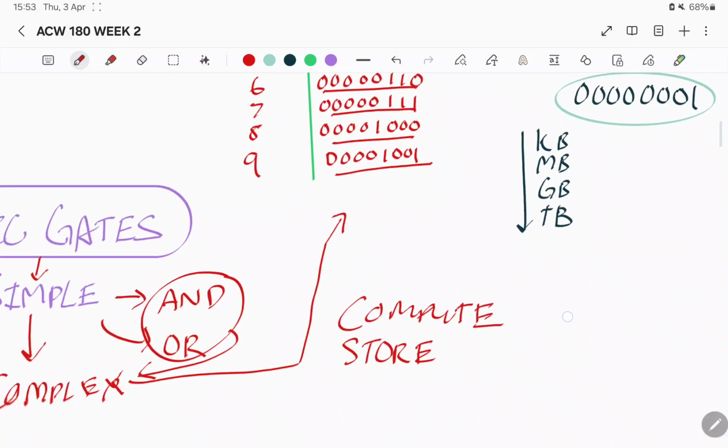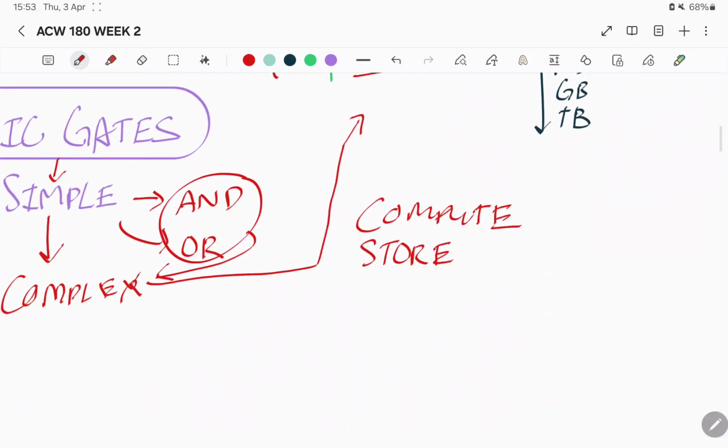And if you are interested, you can see how the computer processes, how the clock triggers the speed of computation.